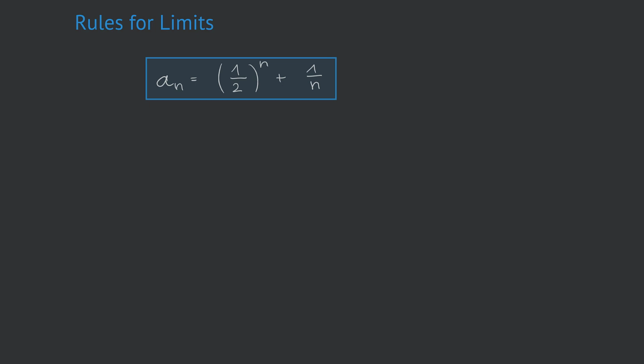In this case, the sequence a_n consists of these two more simple sequences. For both of these sequences, we already know that they have a limit and that the limit is 0 in both cases. By the way, using these arrows followed by the limit 0 and adding an additional n to infinity is a quick way to write down the limit of a sequence.